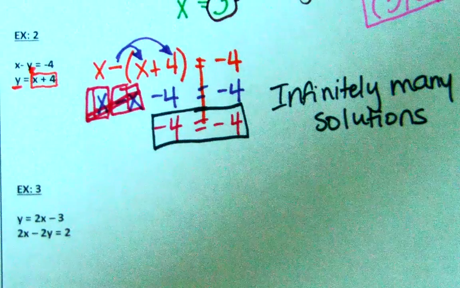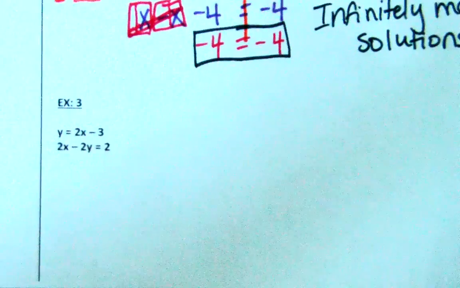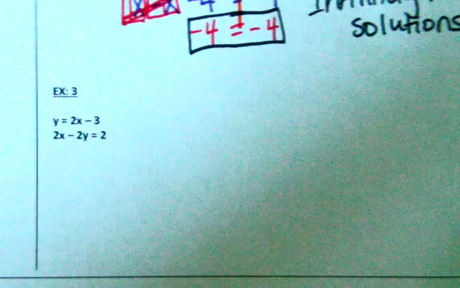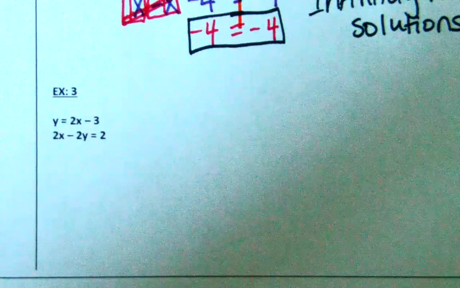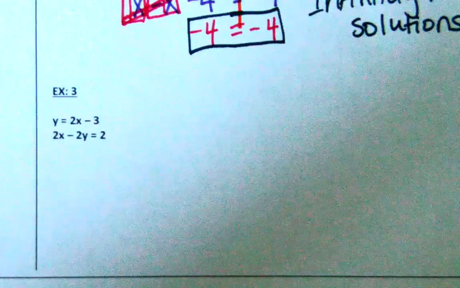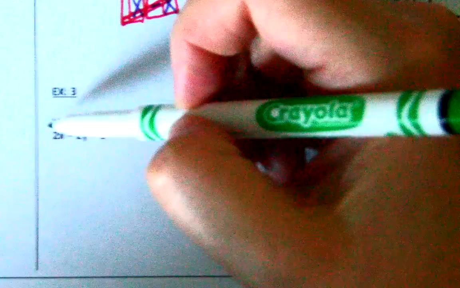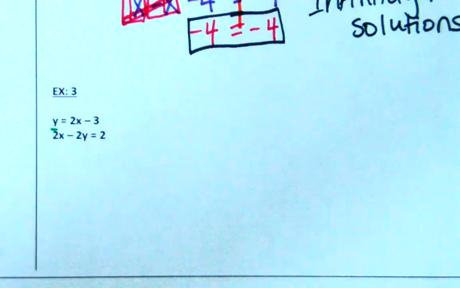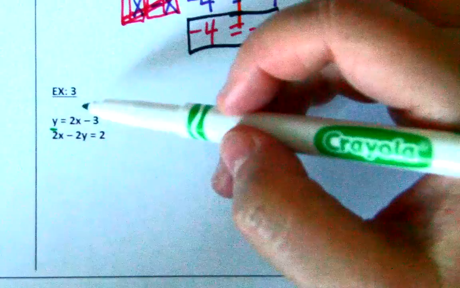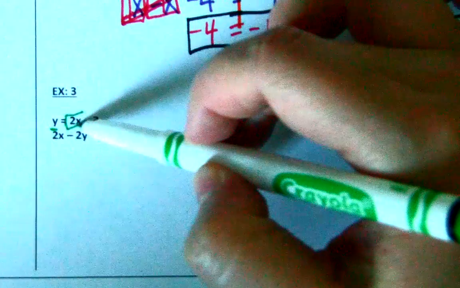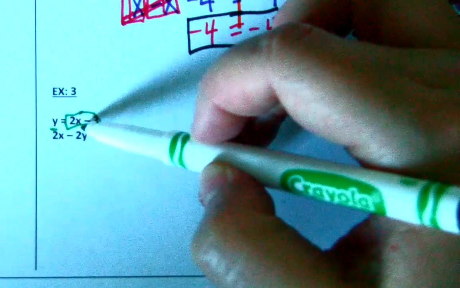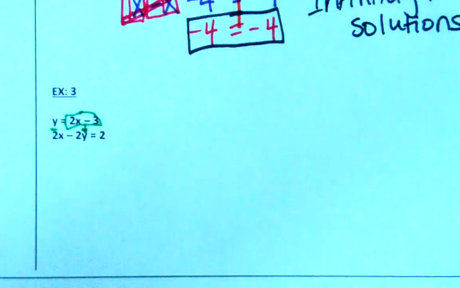Okay, now let's look at our last example. We have y equals 2x minus 3, and then we have 2x minus 2y equals 2. So again, we have it in y equals. It will not always be in y equals. It can be x equals. But we're going to take this and we're going to substitute it into where y is in our second equation.